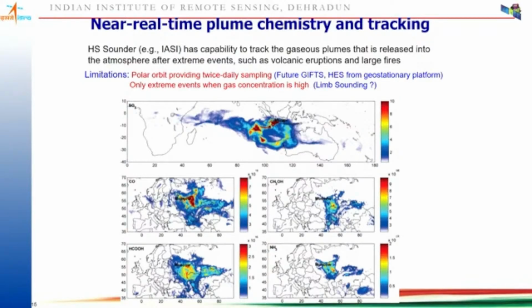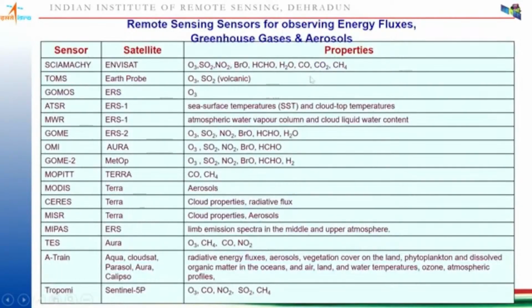So this helps in monitoring at high frequency. Every 30 minutes, so in a day we can have around 12 to 20 data sets, and this helps to track at a very fine time resolution.